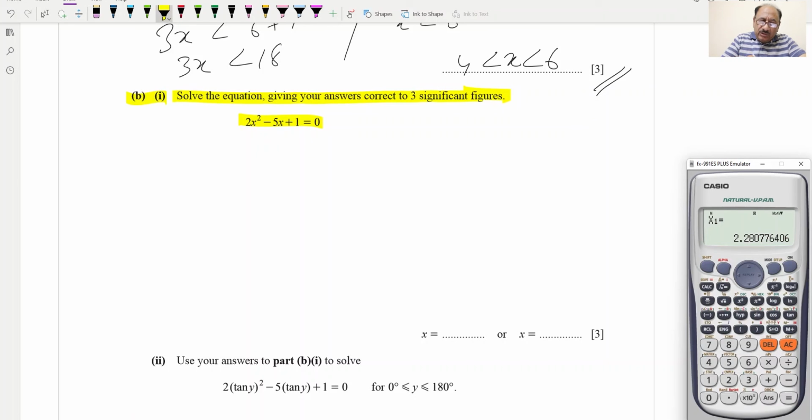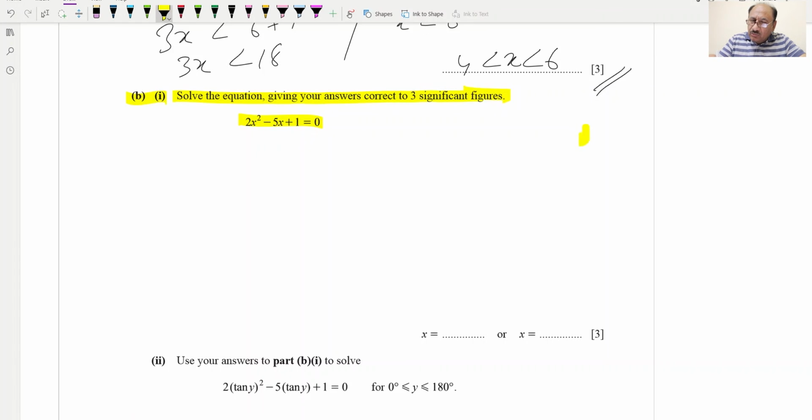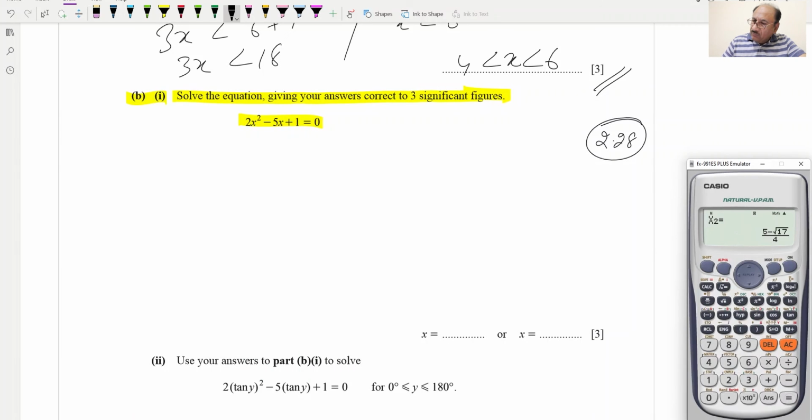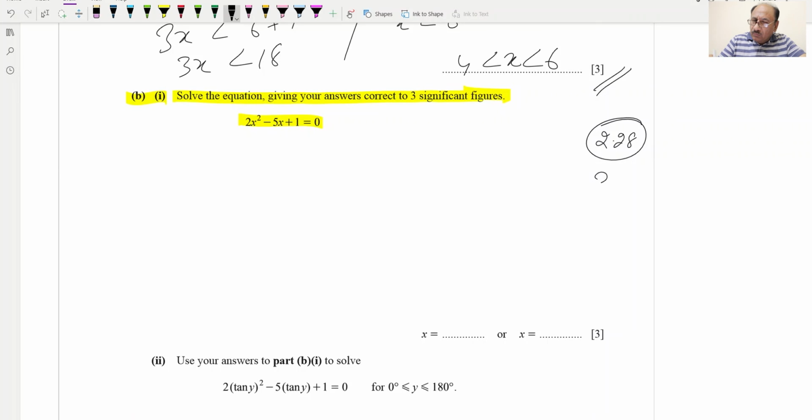We will be using the quadratic formula, but I will write the answers which we got for our reference or check: 2.28 and 0.219. These should be our answers.